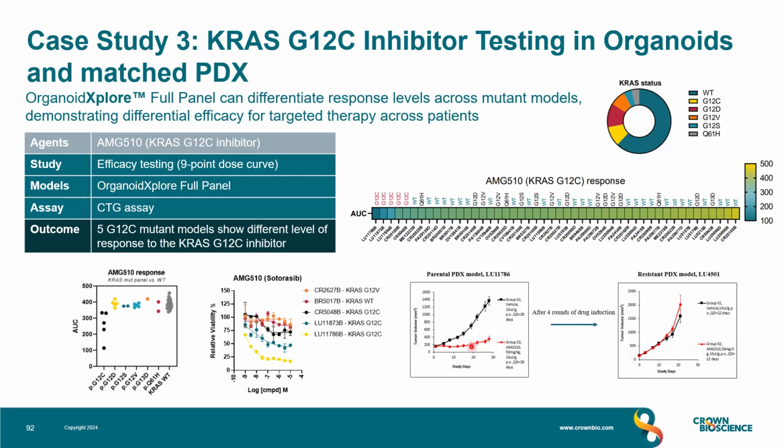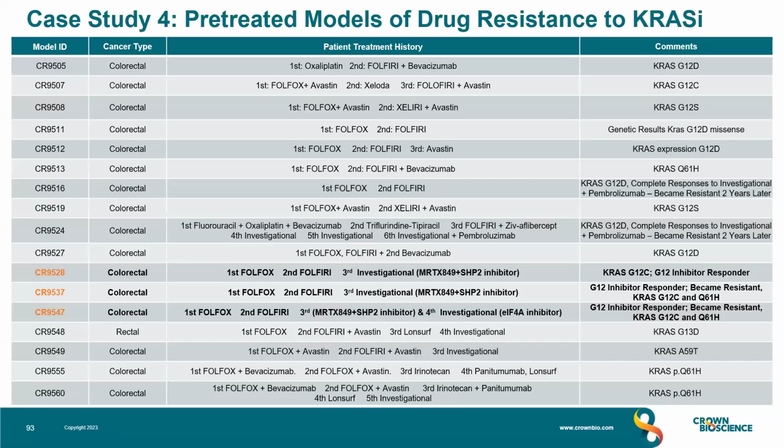And this can then be used to induce a model of resistance through sequential rounds of drug exposure, which is what we did here, and then capture those outgrowth tumors and reimplant them until eventually we see no response and resistance to KRAS inhibitors. So this model is still undergoing characterization so we can fully understand that mechanism of resistance.